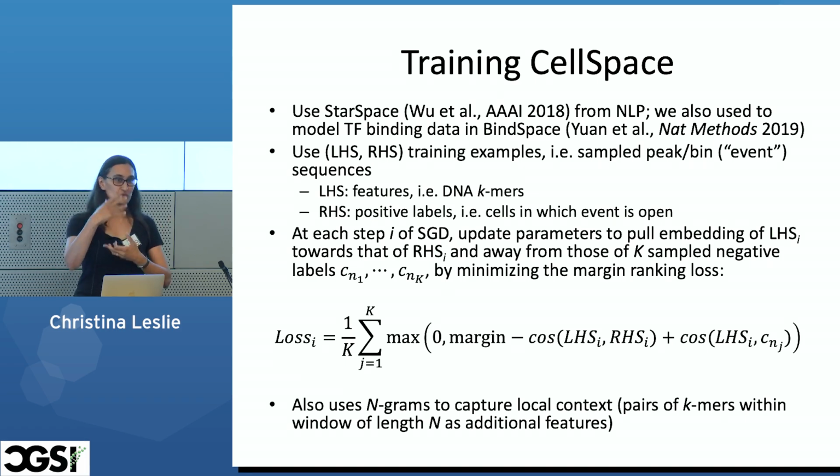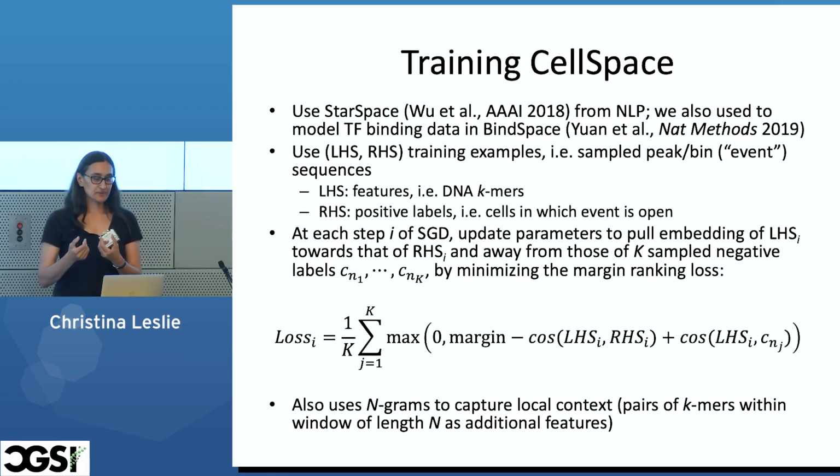And you have a word embedding, so you can imagine the analogy. We get training examples. The left-hand side is a bunch of k-mers. The right-hand side is a cell. And the k-mers and the cells are tokens in the system. We're learning an embedding for all our tokens.